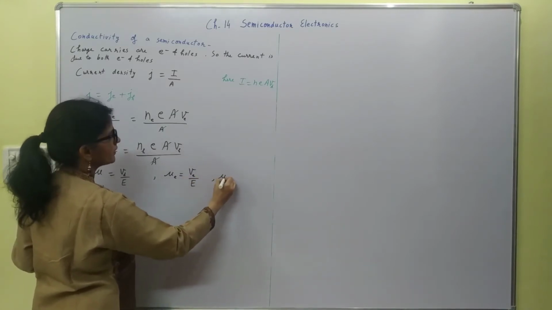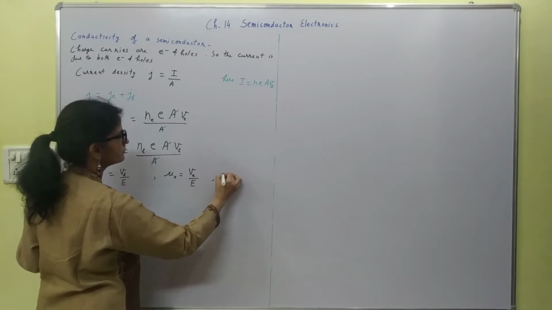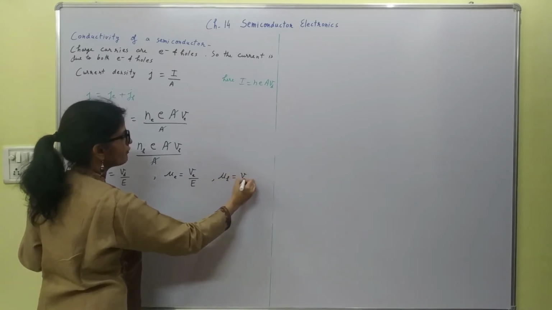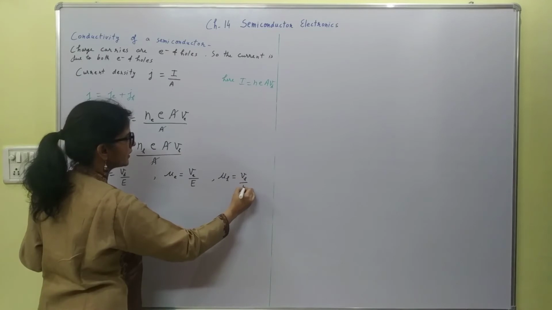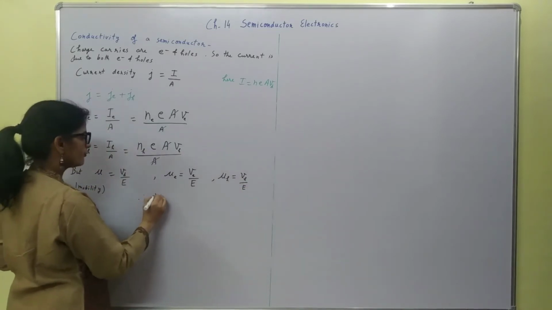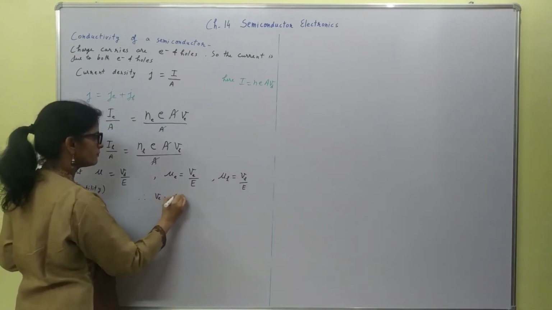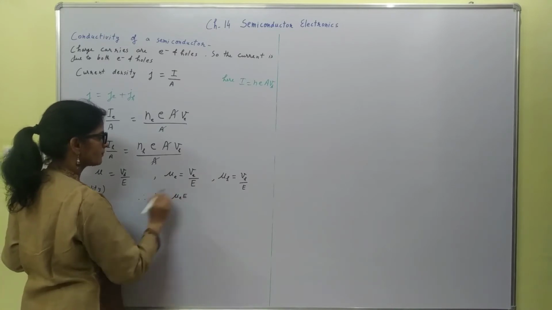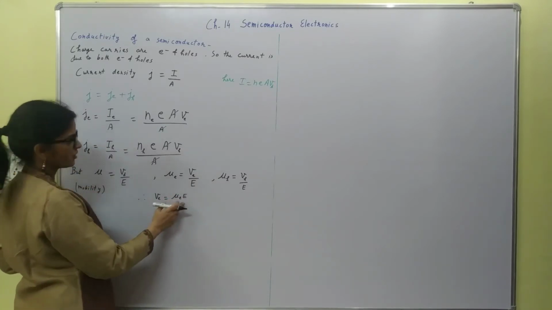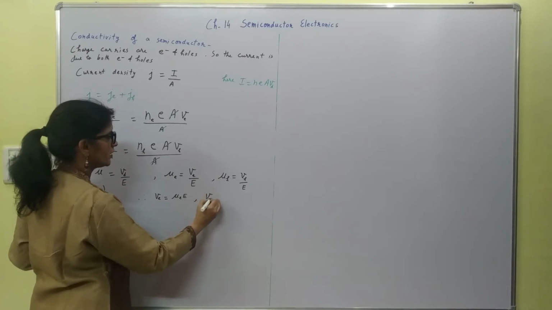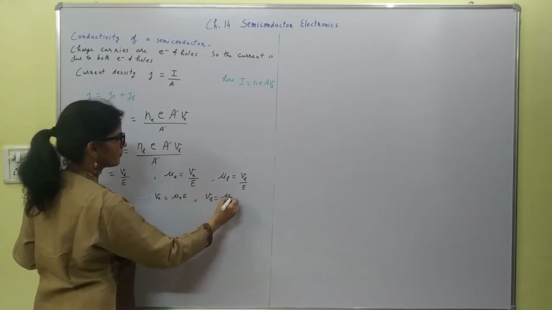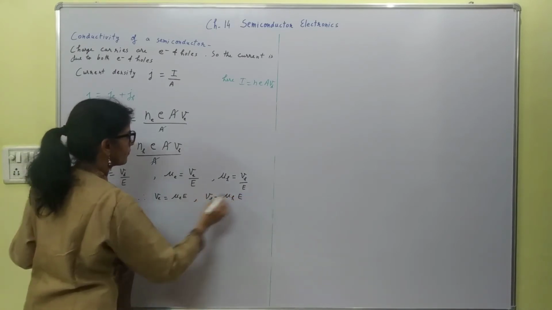Similarly, the mobility of holes can be written as velocity of holes upon E. Therefore, Ve can be written as mu e into E, that means mobility of electrons into E, and Vh can be written as mu h into E.